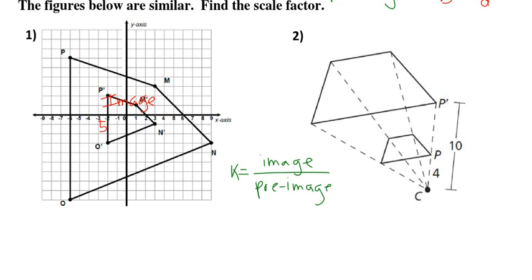When we write our scale factor, this length, which corresponds to the image, goes on the numerator, and the corresponding length would be this side, and if you count the units, that is 15 units.